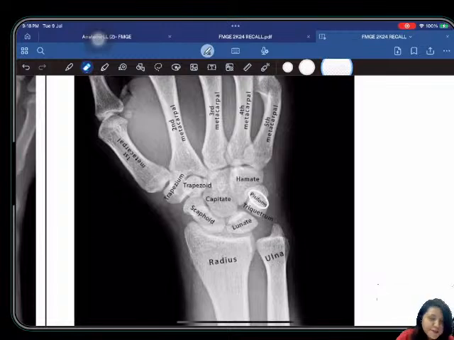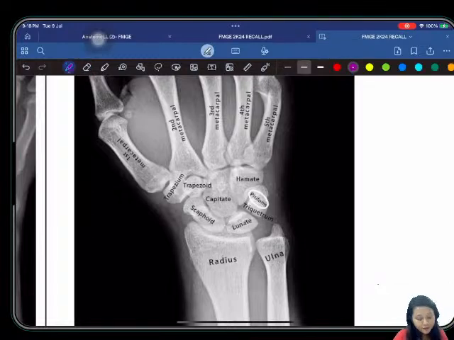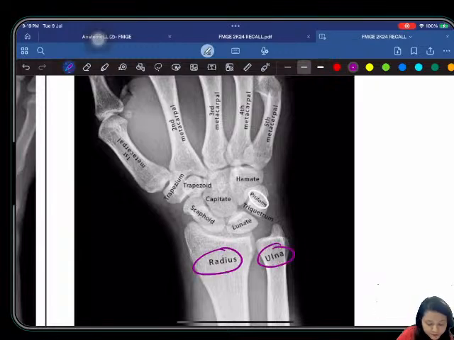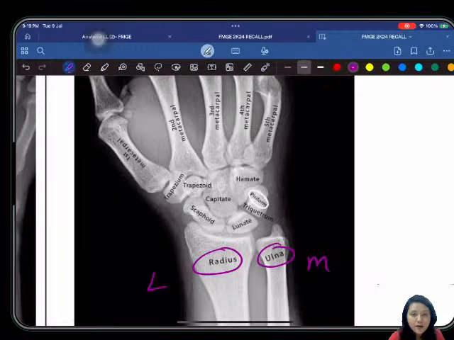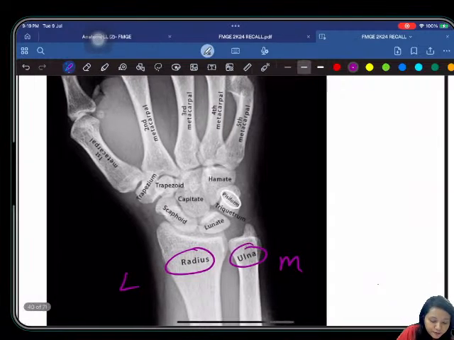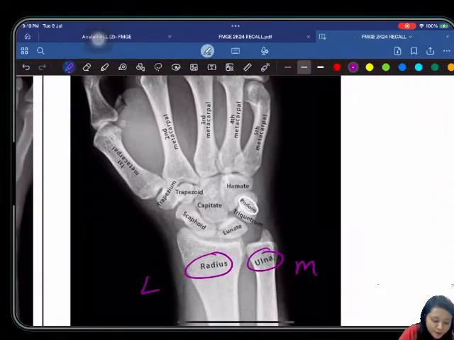okay, so you can see here in this X-ray, first of all you get oriented yourself, so you know in the anatomical position that your radius is on the lateral aspect, ulna is on the medial aspect. So this is the radius, this is the ulna, so this is the medial aspect, this is the lateral aspect. Okay, after that you know there is a mnemonic. You know the mnemonic? I hope everybody knows the mnemonic.